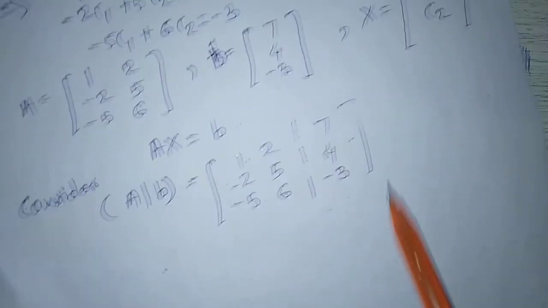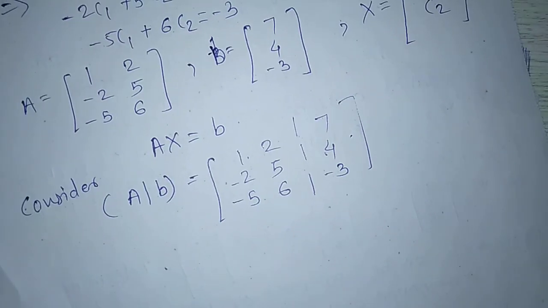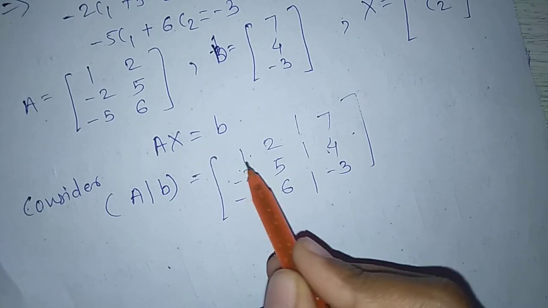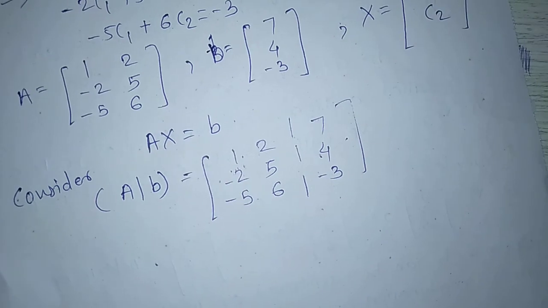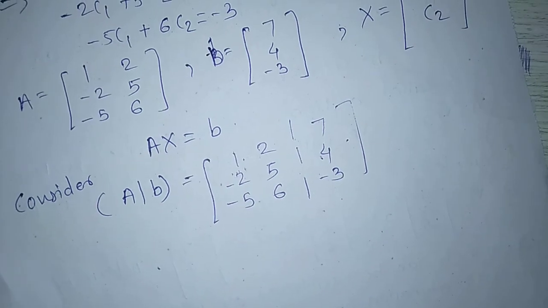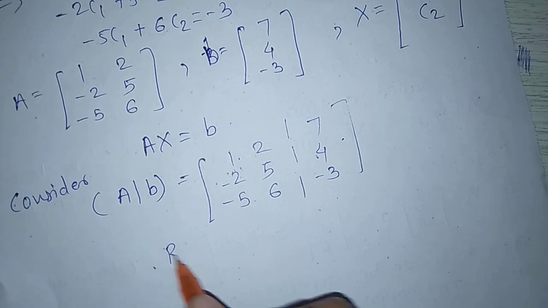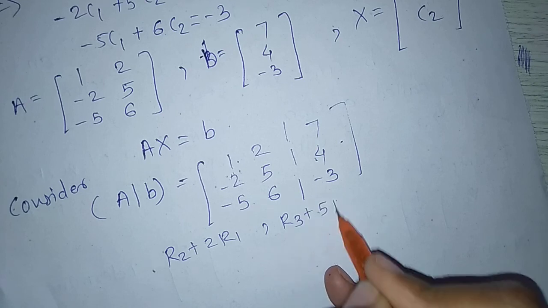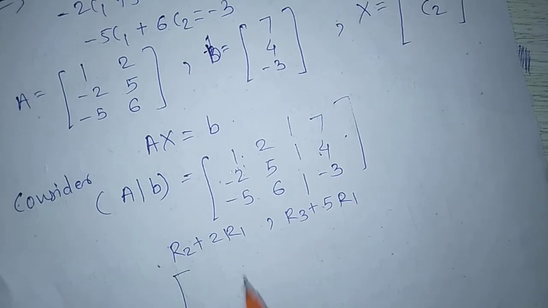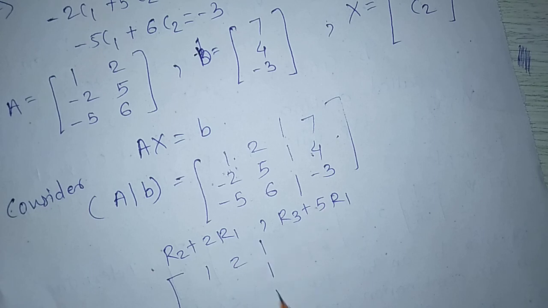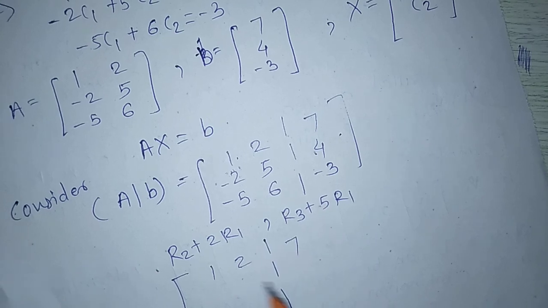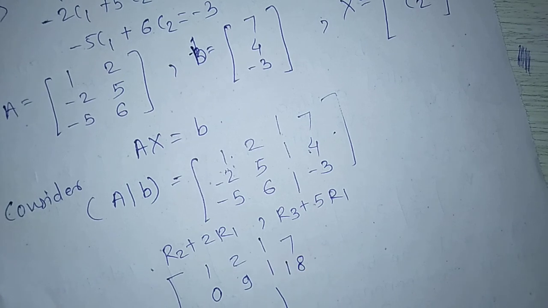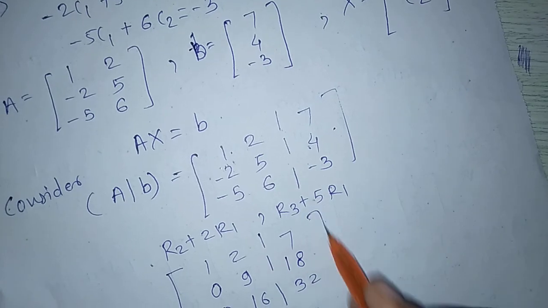Now solve this by using elementary row operations. The first pivot element is 1. To make 0 below the pivot element, applying row operations R2 plus 2R1 and R3 plus 5R1, we get the first row as it is, the second row becomes 0, 9, 18, and the last row 0, 16, 32.